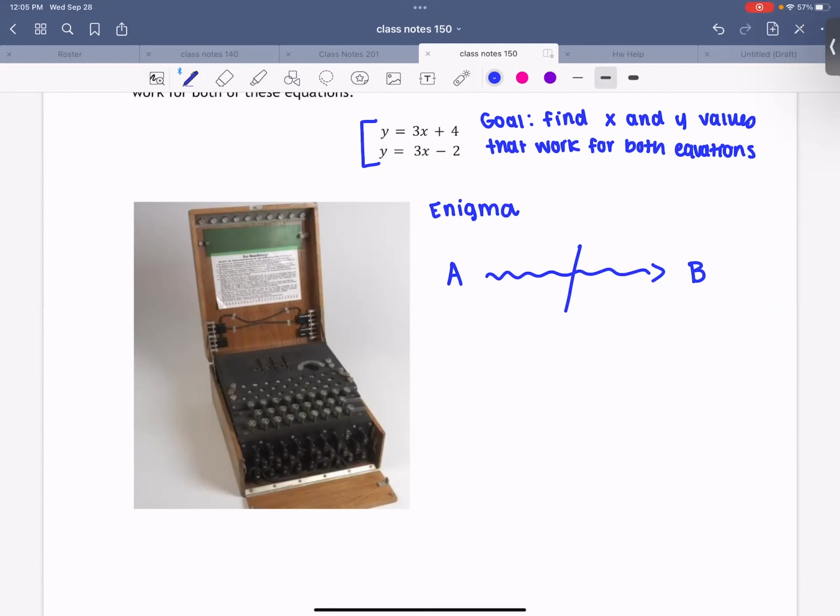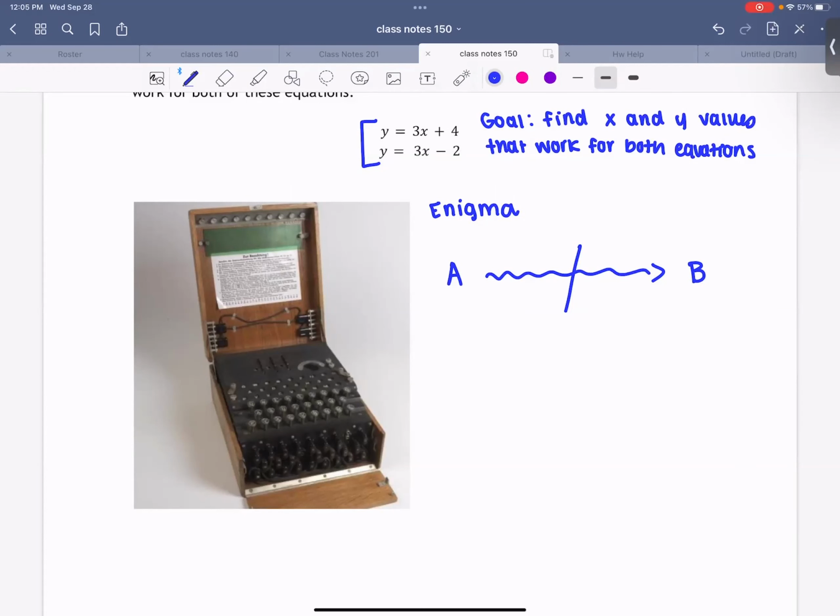And what they did is they hired mathematicians to decode these messages to figure out what they actually said. Okay, so the Allied forces would get a bunch of jumbled little letters. Mathematicians would actually work out what the messages meant.